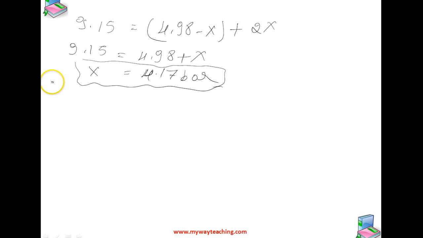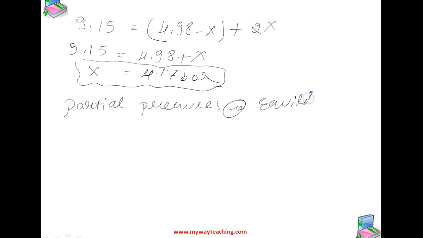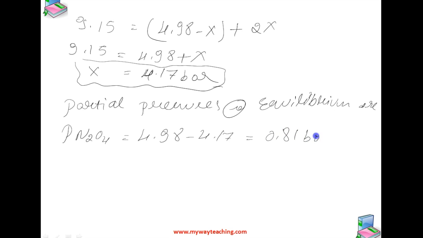Okay, partial pressures at equilibrium are: P of N2O4 is equal to 4.98 minus 4.17, which is equal to 0.81 bar.